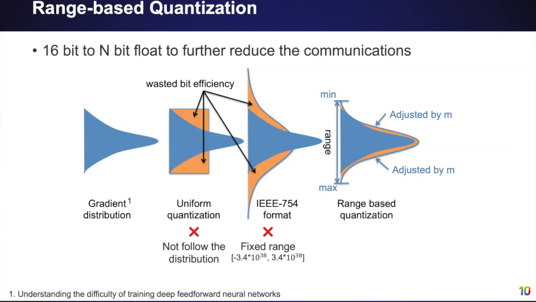The distribution of the gradients is like a Gaussian distribution, which means more numbers are close to zero, but uniform quantization is an equal distribution, so it is not precise. In order to create a quantization method that can adjust the range like uniform quantization, and also follows the distribution of the gradients, we present a range-based quantization.